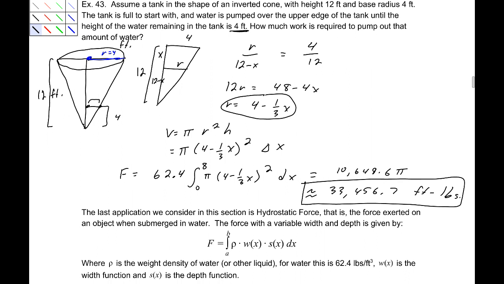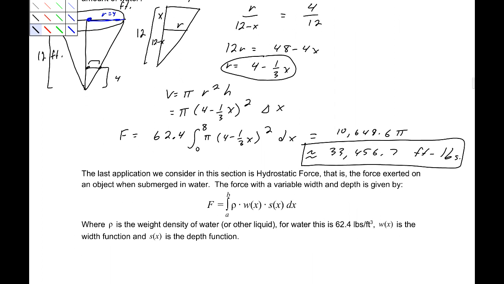The last application in this section is something called hydrostatic force. That is force that's exerted on an object when it's submerged in water. When you push something down into the water, the water pushes back. That's how we would measure this.